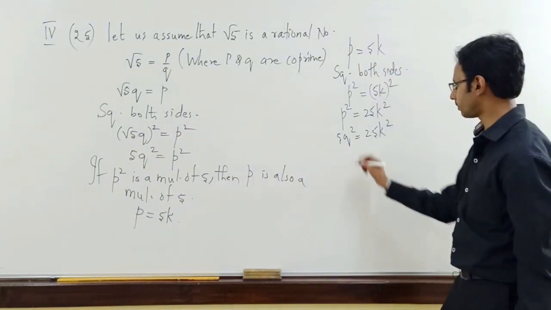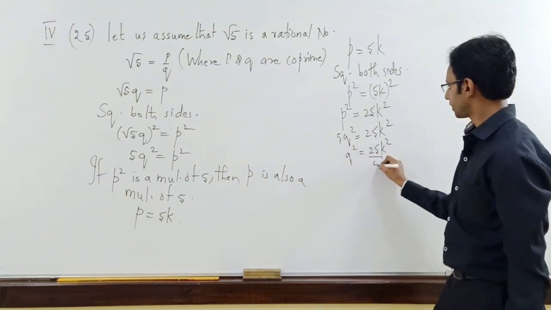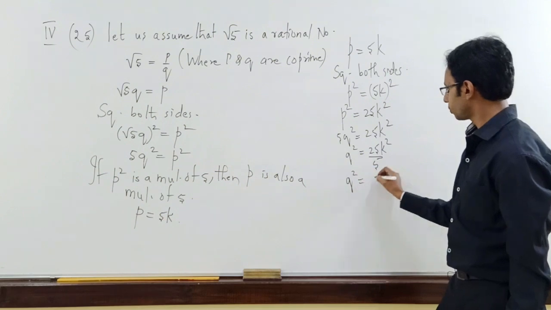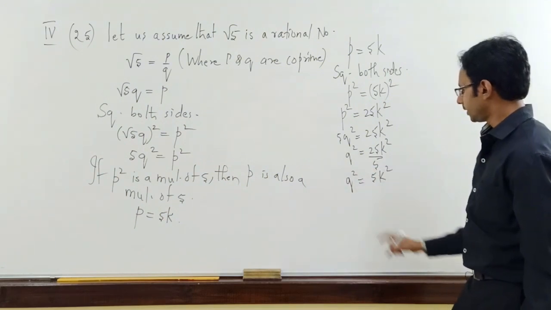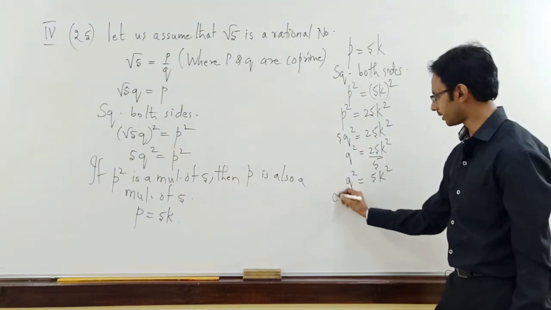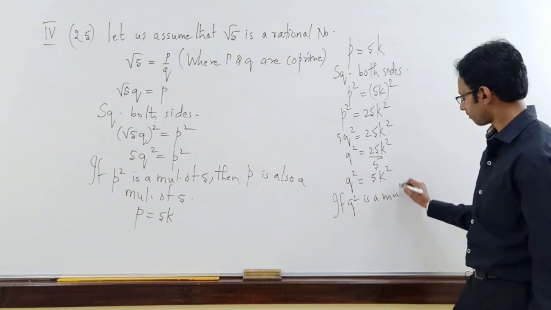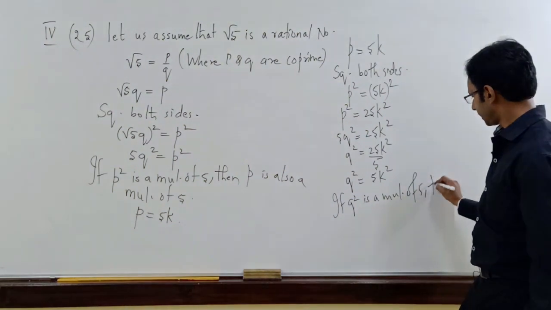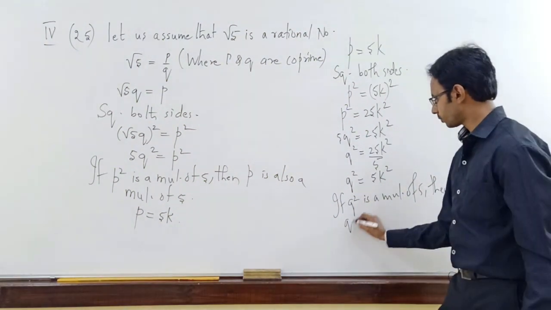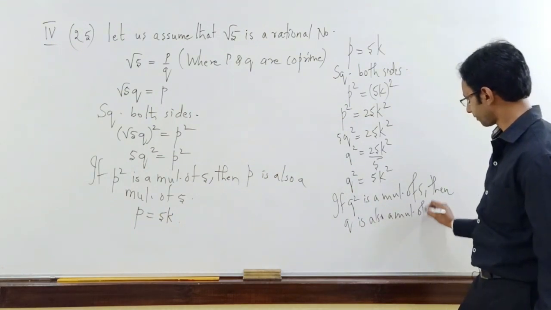Now we want to show that q is also a multiple of 5. So for that reason we do this substitution. So you get 5k square. Again the theorem says if q square is a multiple of 5, then q is also a multiple of 5.